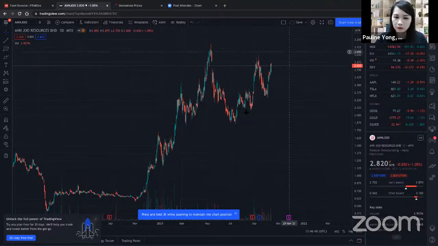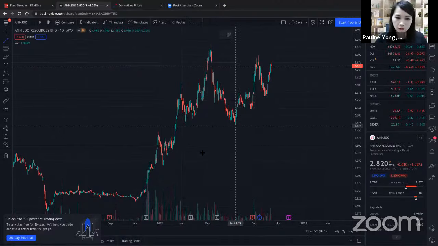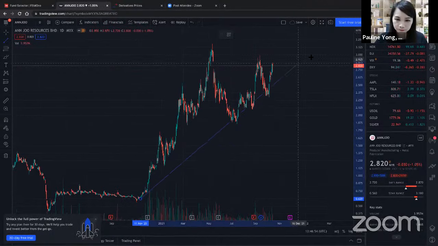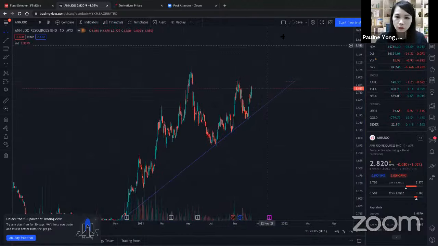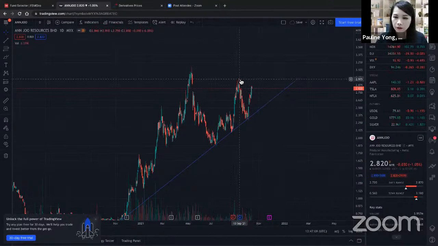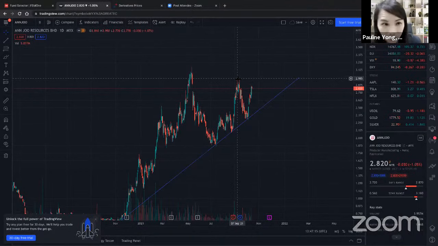So it is still forming because this is still an uptrend. Overall, this one is still an uptrend. So if this were to go up, the chances are you have to pass this first. After you pass this level, what price is that level? That level is 2.98.